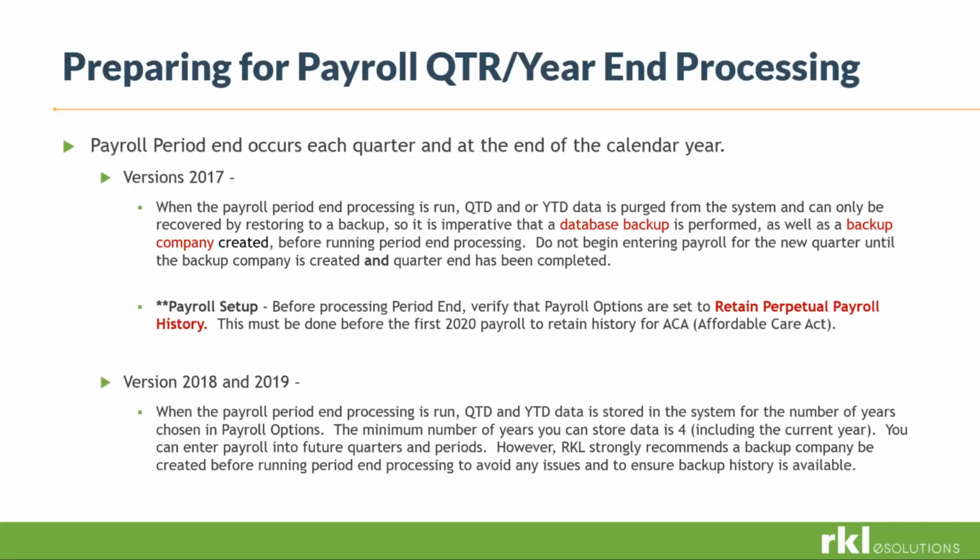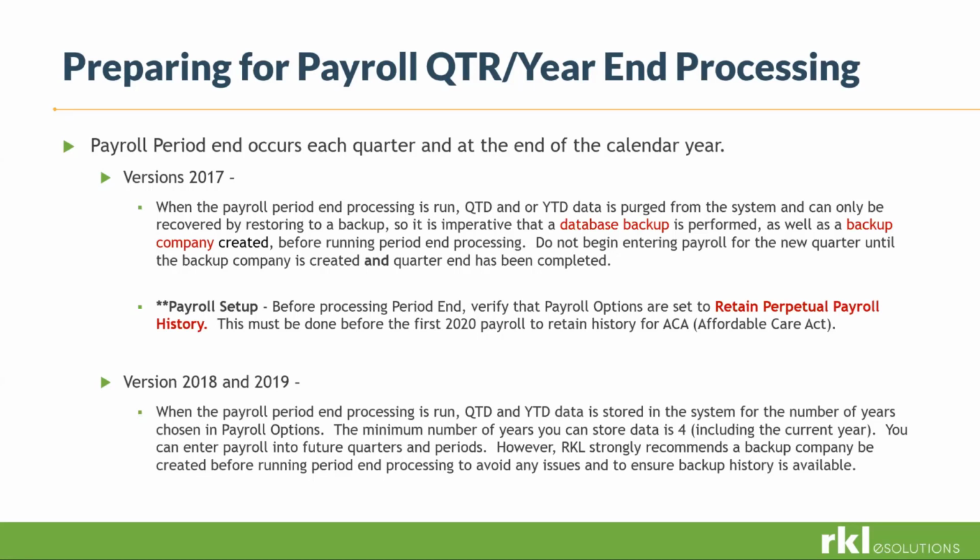Okay, so we're going to talk about payroll now and some things that need to be done in payroll to prepare for end of year and to perform end of year. Payroll periods are not in months, they're in quarters, and then you have an end of year period processing. If you're on Sage 100 version 2017, then when you perform either quarter end or year end processing, the data is purged from the system and it can only be recovered by restoring from a backup.